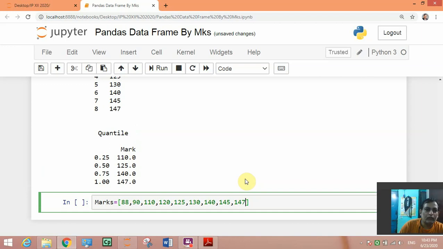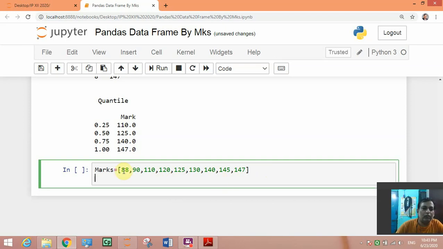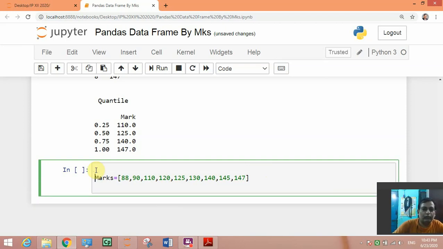We want to know how much 25% of students of this examination are able to score. For that, this is one simple list of Python, as you know, and before that we have to import pandas as pd, because we are going to change this list into what?